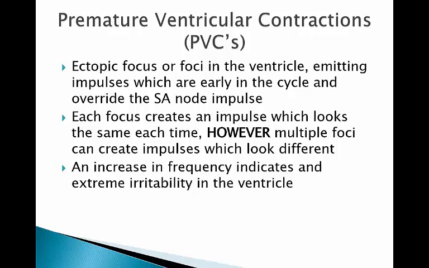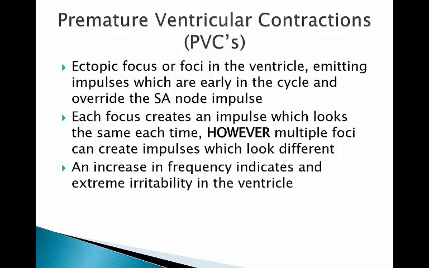Now, each focus creates the same looking beat. So if you had foci A, and foci A was firing out of sync, each one of those beats would look alike. But if you had multiple foci, like foci A, B, and C firing, then A, B, and C would all look a little different.